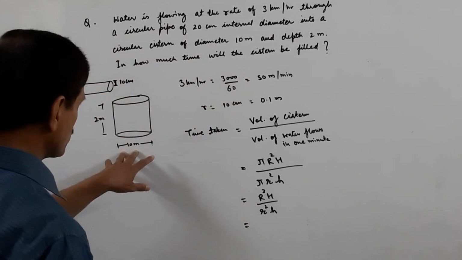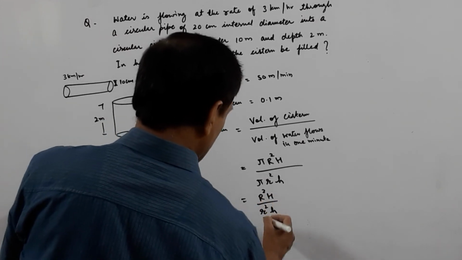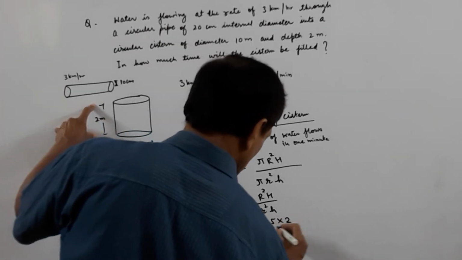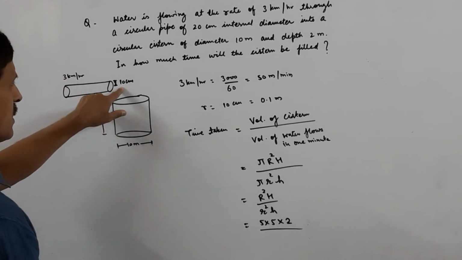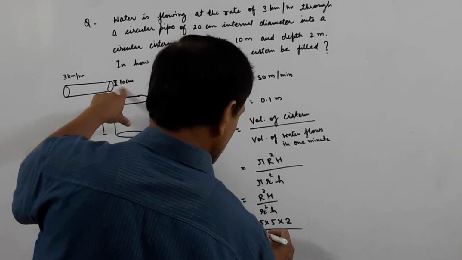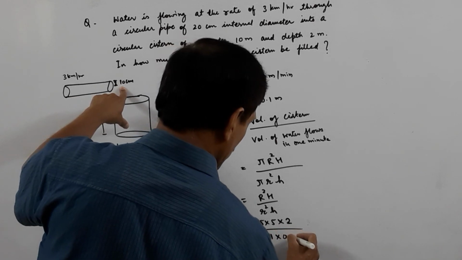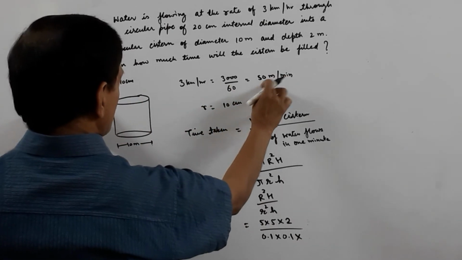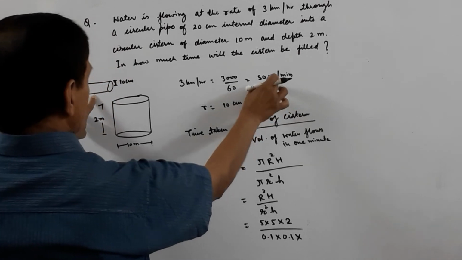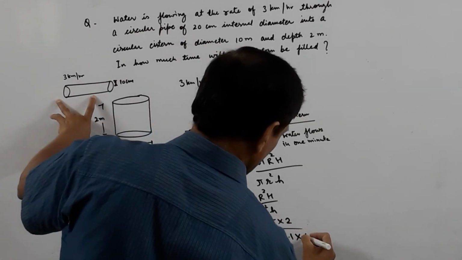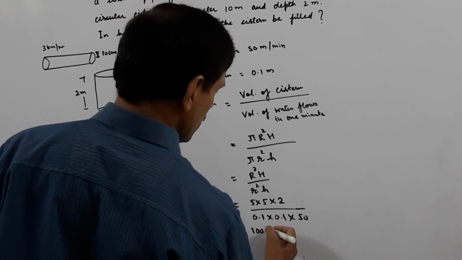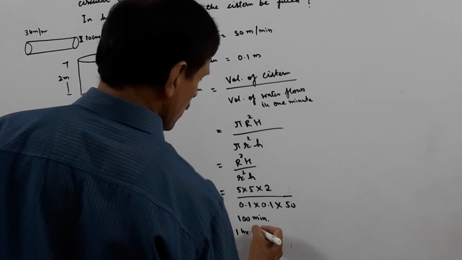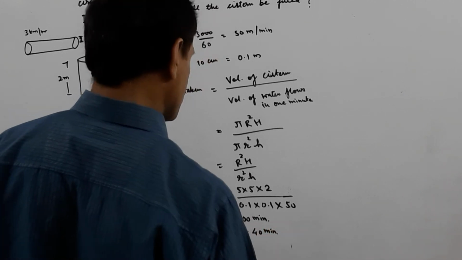Capital R is the radius of the cistern, that is 5 meter. So 5 meter into 5 meter into depth, that is 2 meter, upon, here the radius is 0.1 meter, 0.1 into 0.1 into height, that is this length 50 meter, that is equal to 100 minutes, or 1 hour 40 minutes.